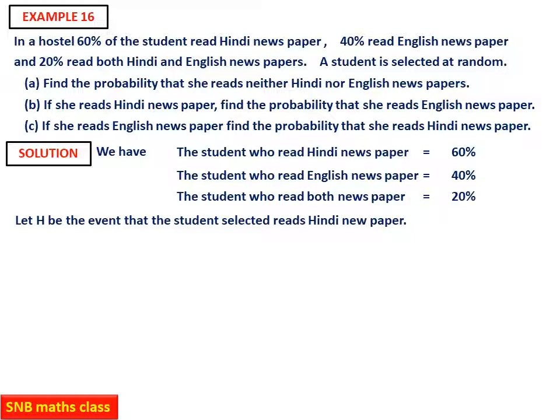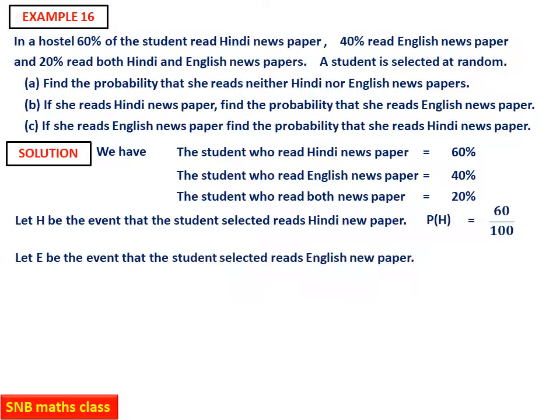Now let H be the event that the student selected reads Hindi newspaper. So then what is probability H? How many students are there who read Hindi newspaper? Out of 100, 60. Therefore this will be equal to 60 by 100. Students, note here, it is not given how many students are there in the hostel, but information is given in terms of percentage, but that is sufficient for us to calculate the probability. So probability H is 60 by 100.